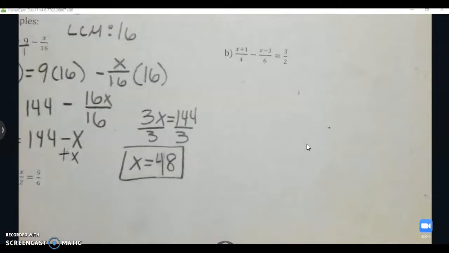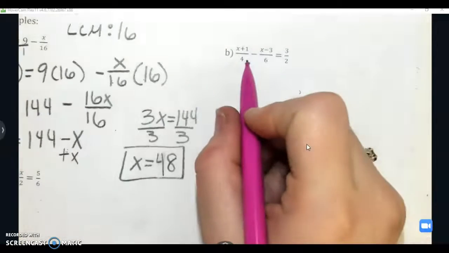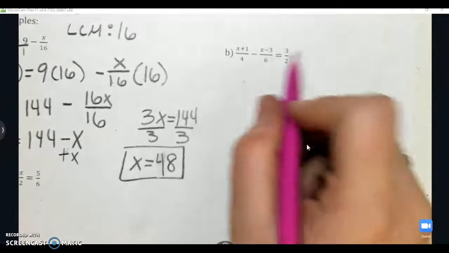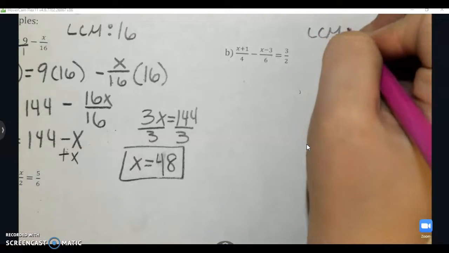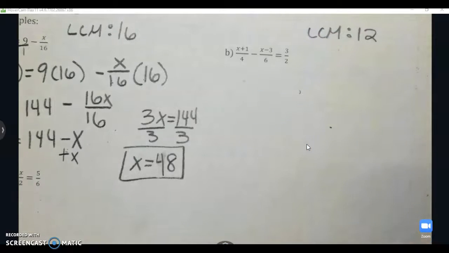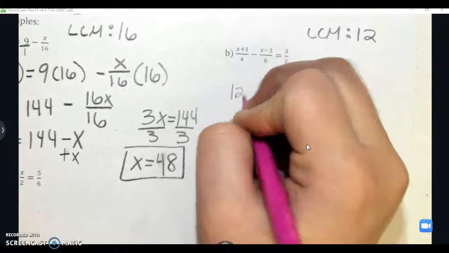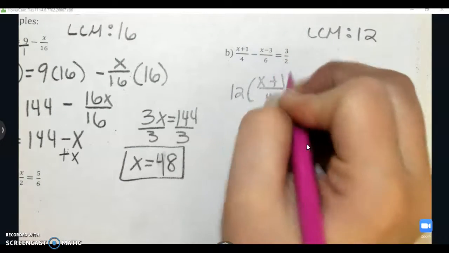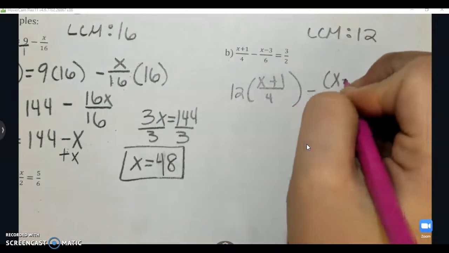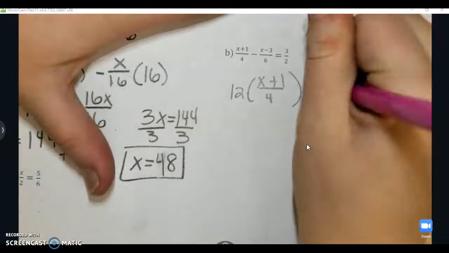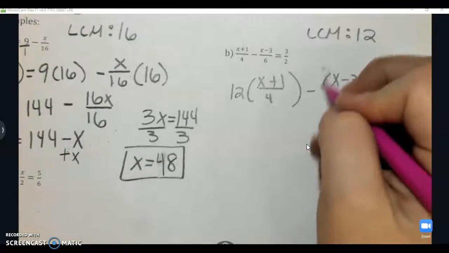Okay. Now let's look at B. My least common multiple between 4, 6, and 2 is going to be 12. So we're going to multiply everything by 12. So 12 times x plus 1 over 4. x minus 3 over 6 is also going to get multiplied by 12.